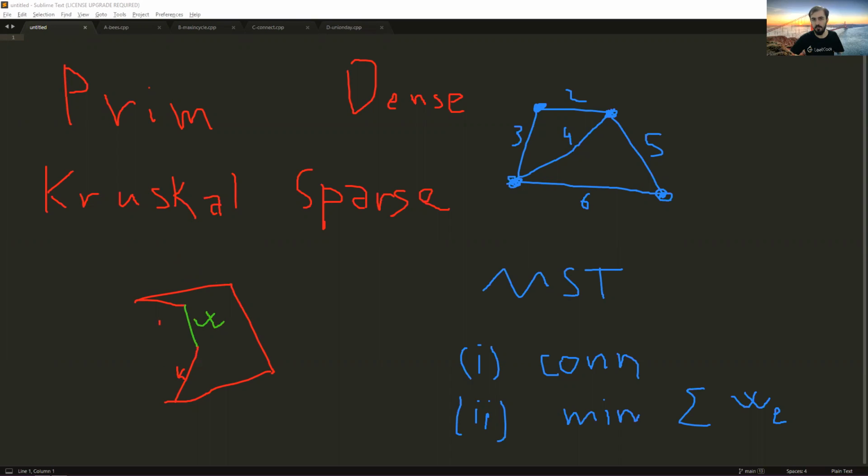Let me rewrite. We have W1, W2, W3, WK. And because this edge was processed after all of these edges, it means that all these edges are shorter, or alternatively have smaller weight than this edge, right?